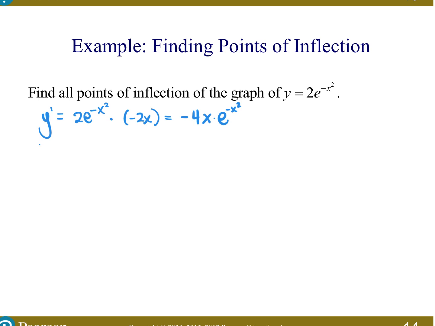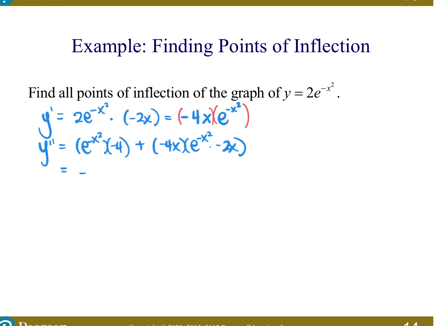Then we want to find the second derivative because we're focusing on points of inflection. So this is going to require me to think about the product rule. So I'll have e to the negative x squared times negative 4 as the derivative, plus negative 4x times e to the negative x squared times the chain rule of negative 2x.